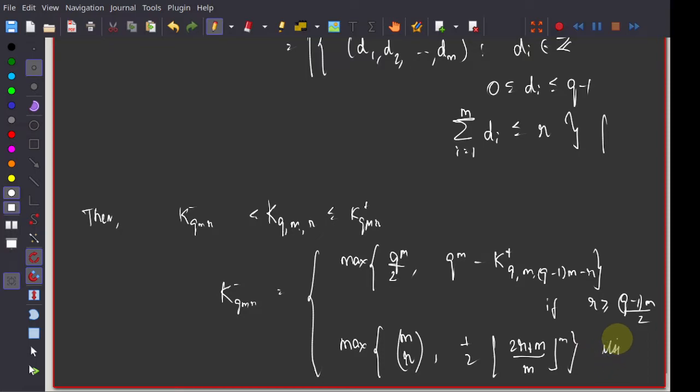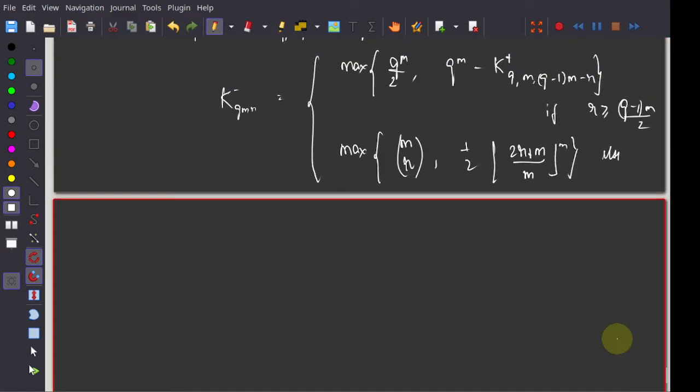So this is a lower bound. And K plus (Q,M,R) is basically equal to m choose R, but it is equal to the minimum of the following.